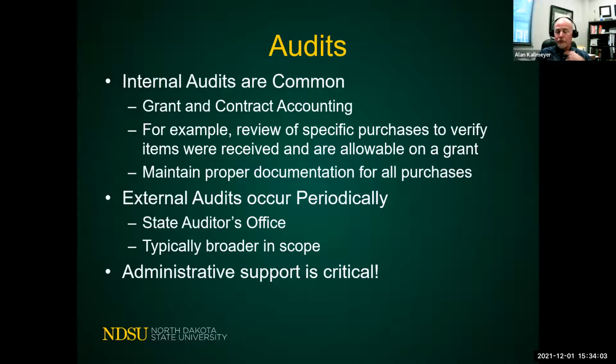We have been through some of these where we've had auditors come in and they want to look at all of our expenditures for a certain account, like our differential tuition account, for the last several months. And you just have to come up with a whole lot of documentation. And that's why it's really important in these situations to maintain that documentation, having records of all of the purchases.